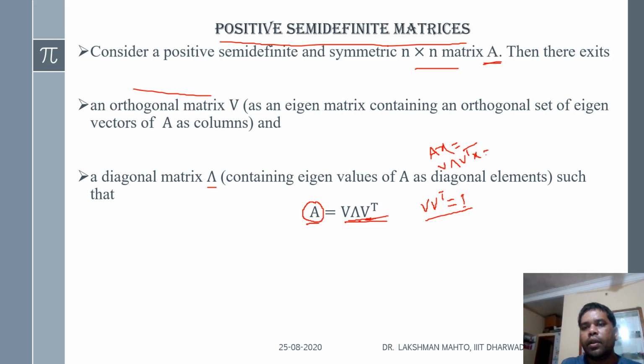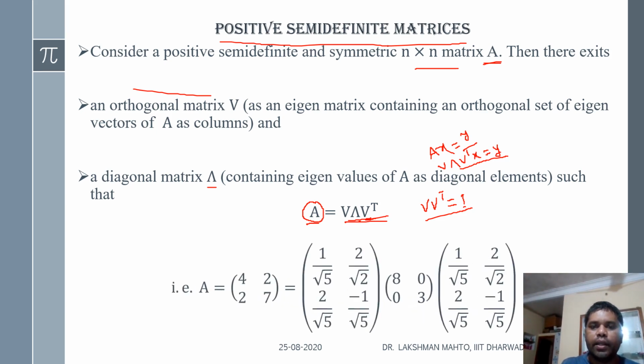After that we do a stretching with the help of lambda, and then we do a further rotation to get the output, so we get y. This output y we can write directly. Once you see it this way, the operation looks easy because it has a very interesting geometry that we can easily visualize.